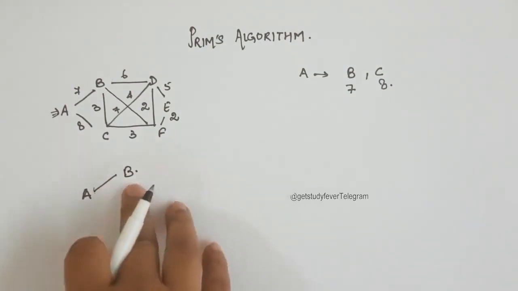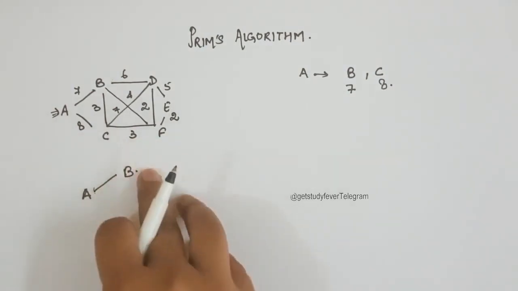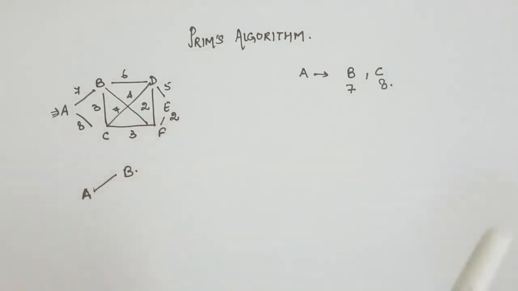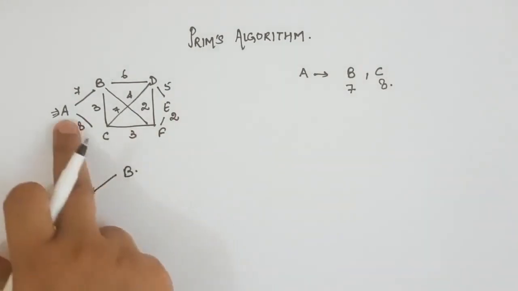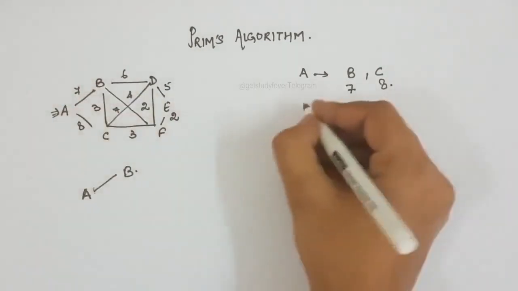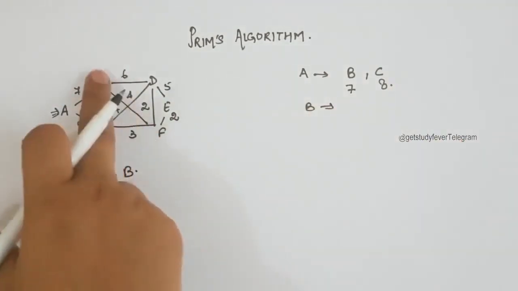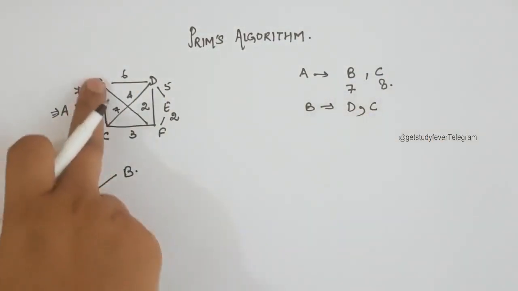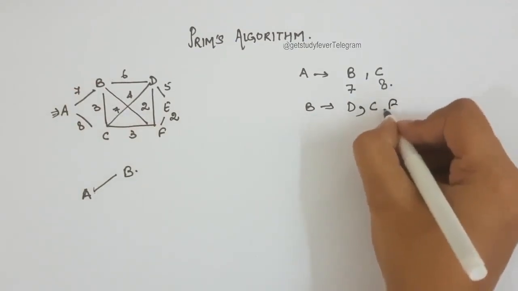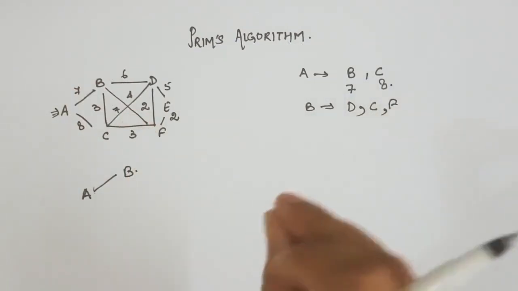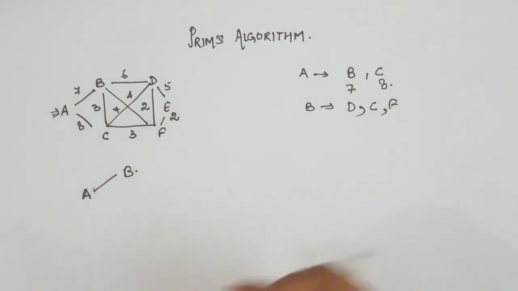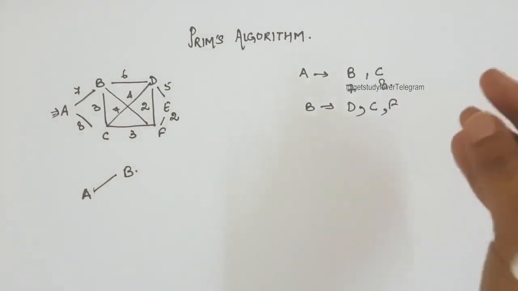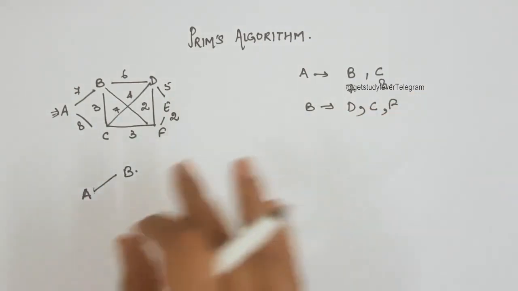So once I have included the vertex B, let's revise what the new vertices are that are reachable to us now. C is reachable from A. From B, I can see that we can reach D, C and F. What I have said before also is that we try to see what the vertices are that are reachable or connected from the vertices already included in the spanning tree.